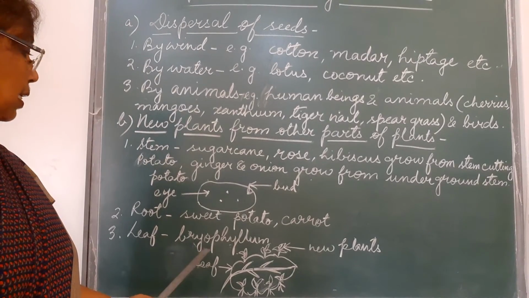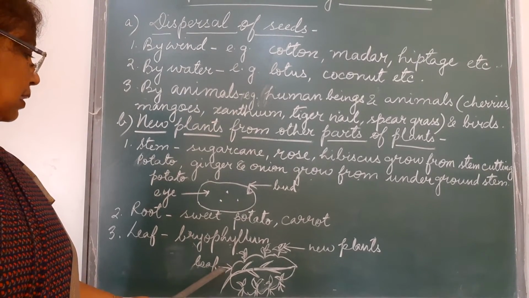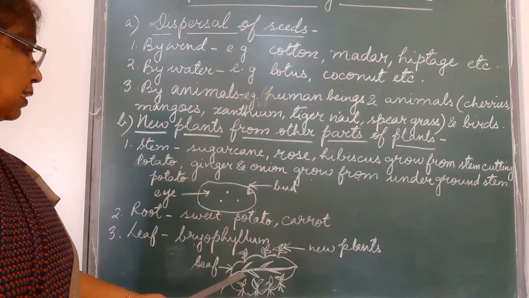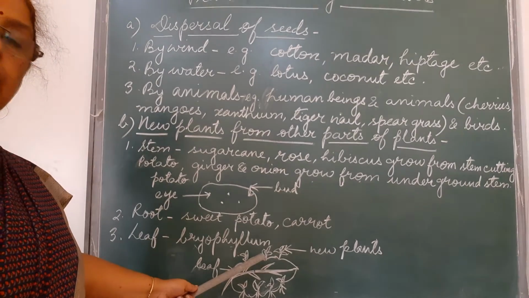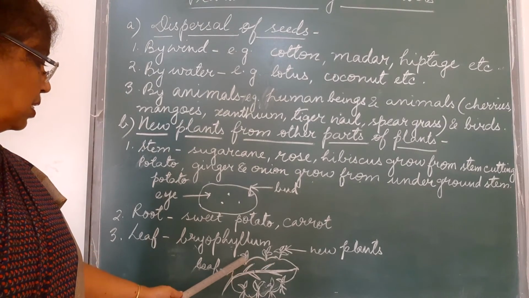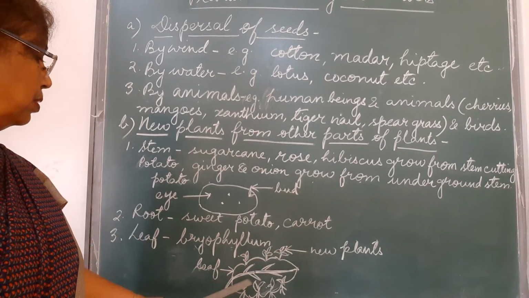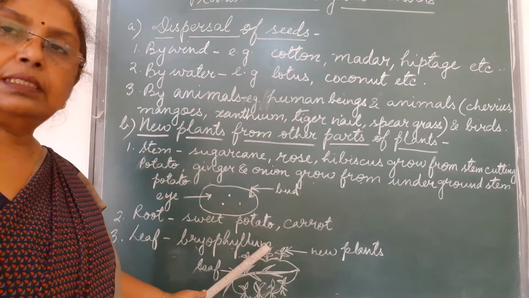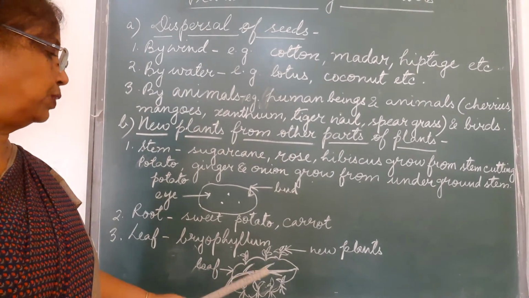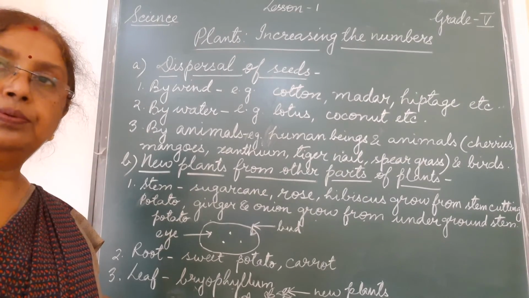Okay. Now bryophyllum leaves, here you can see in the diagram that on the edge, on the leaf margin, you can see some plants growing out. So in some plants from the leaf also new plants can grow.